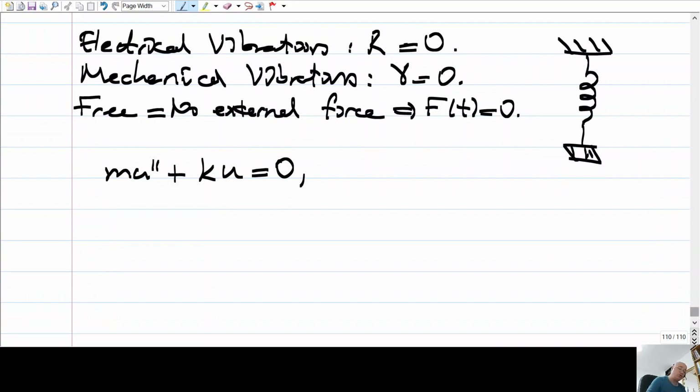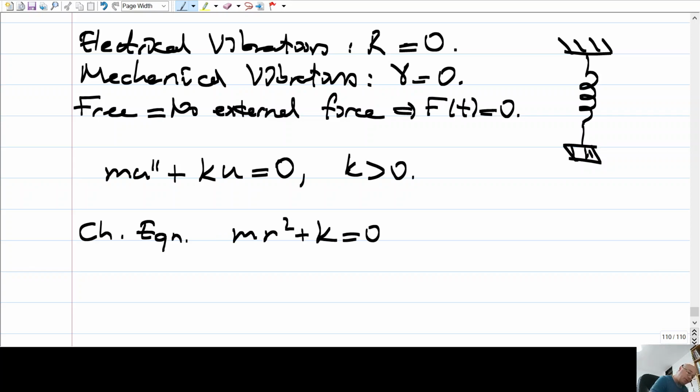Here, of course, all these coefficients are positive numbers, right? So k is a positive number. How can we solve this? Well, this is a constant coefficient second order homogeneous equation. We write down its characteristic equation, which is just m r squared plus k equals 0.